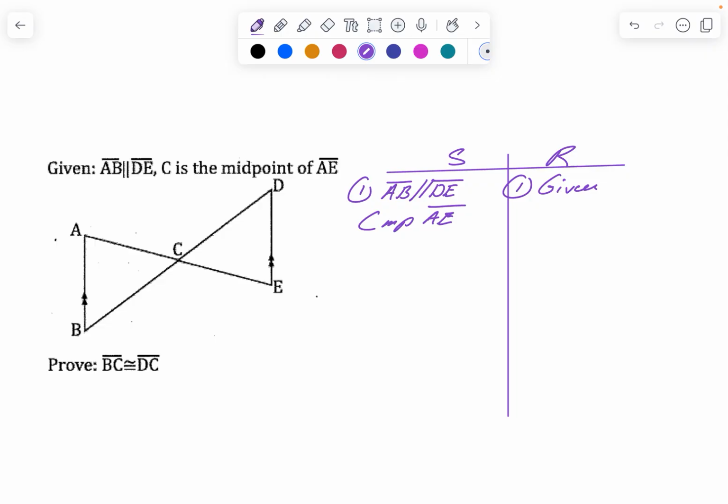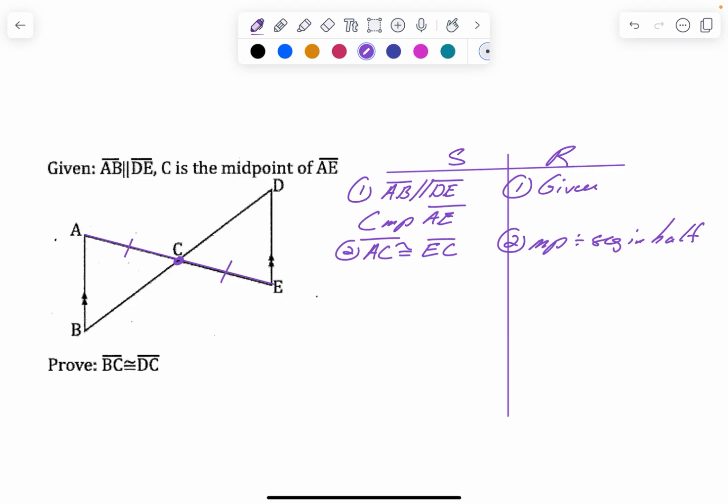Okay, so we see the parallels, all that. So C is the midpoint of AE. So here's AE, right? If C is the midpoint, then that would make AC congruent to EC. And that's because a midpoint divides a segment in half. Okay, so we do have that.